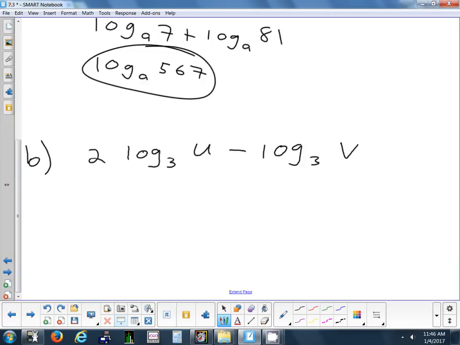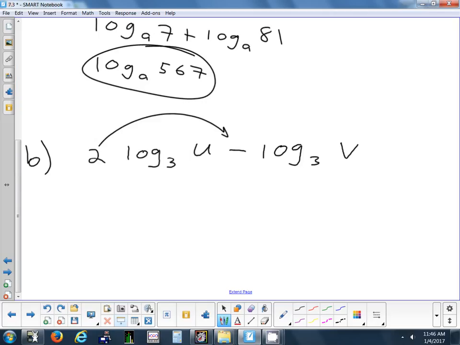Okay, how about this one? 2 log base 3 of u minus log base 3 of v. Jake, can you tell me how I do that one? We would put 2 as the exponent of u.